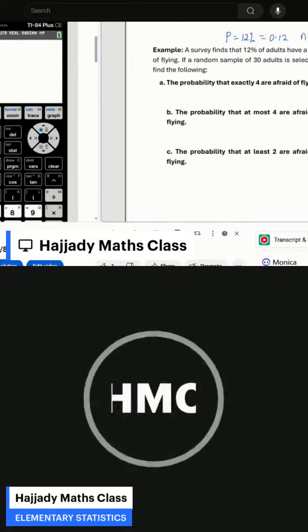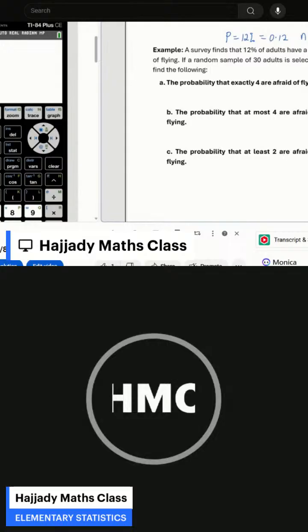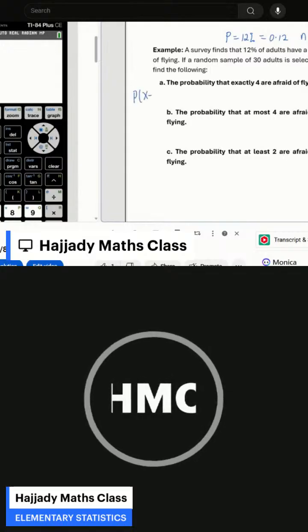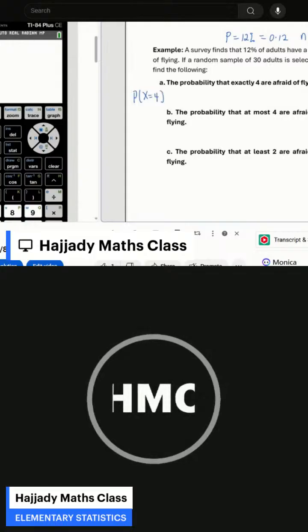Find the following. So the first question is telling us to find the probability that exactly 4 are afraid of flying. This means we have the probability that exactly 4 adults are afraid of flying. And to do this using the TI-84 calculator, we use the command binomPDF, where binom stands for binomial and PDF the probability density function.